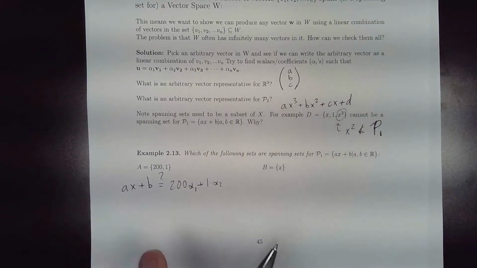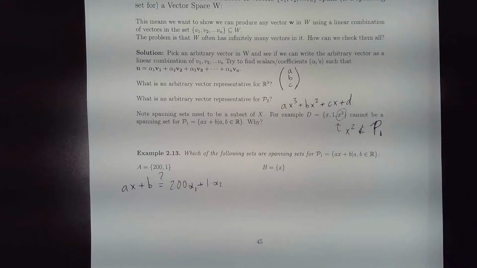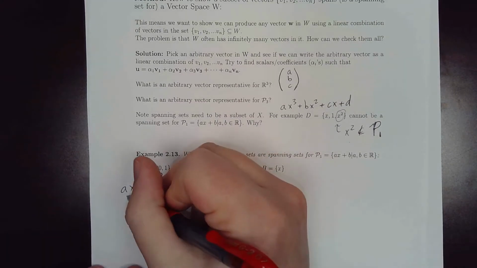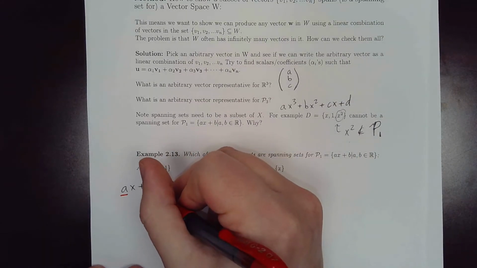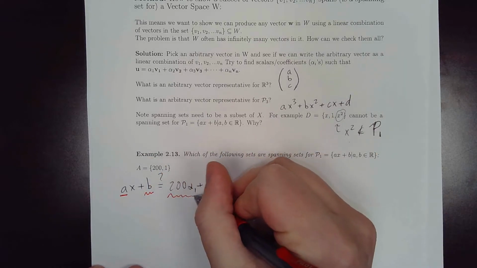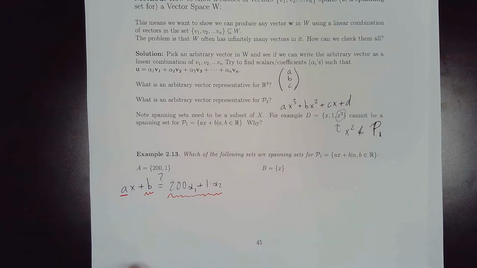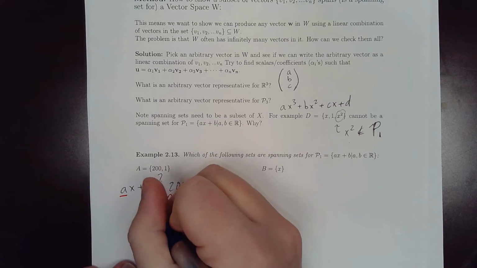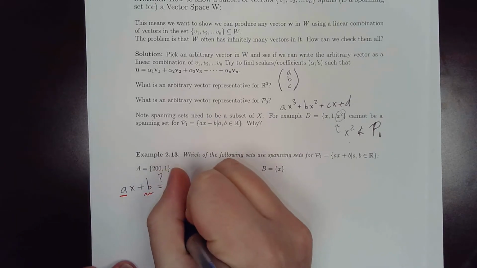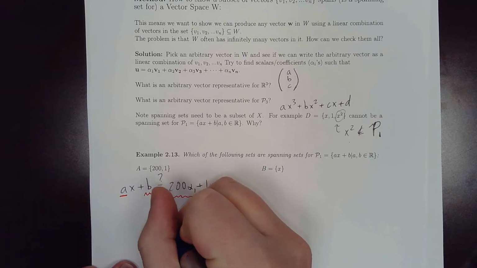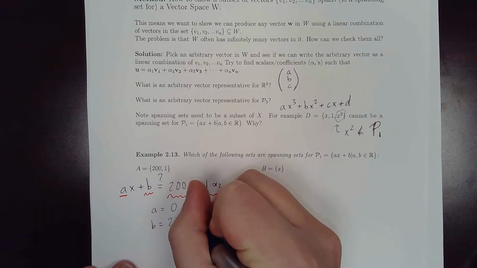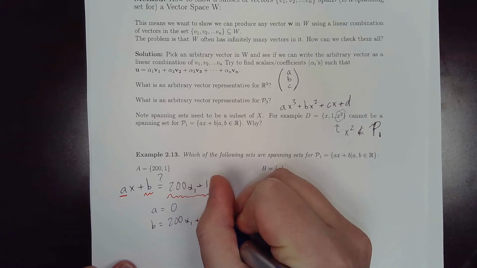Remember, when we're looking at polynomials, we're trying to use what's in front of the x as part of our system of equations, and we also want to determine the constant portion and how that fits into our system of equations. So here we get that a equals 0 and b equals 200 alpha 1 plus alpha 2.